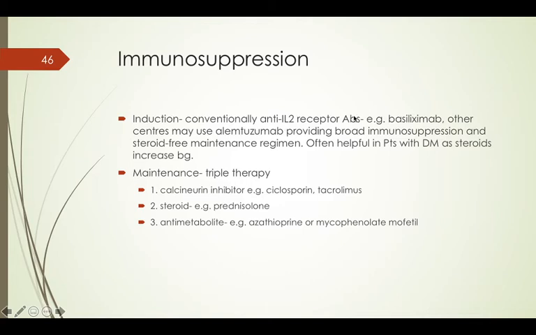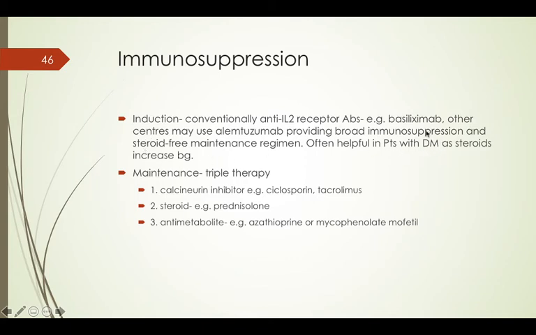But basiliximab, which is an anti-interleukin 2 receptor antibody, and also alemtuzumab, and they provide really quite good immunosuppression and offer a steroid-free regimen, because we know steroids can cause numerous side effects: osteoporosis, hyperglycemia, hypertension, infection, Cushing's syndrome, bruising of the skin, thinning of the skin. So there's a vast array of problems associated with steroid use. So if we can prevent long-term use of steroids, all the better.